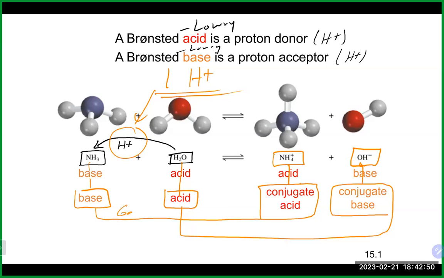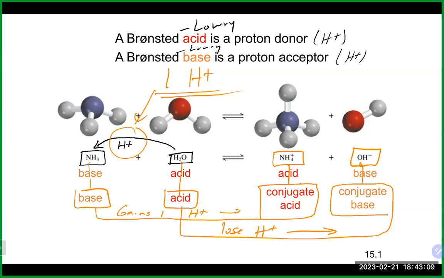It gains one H plus, and the water, which is the acid, will lose an H plus as it heads in that direction. The H plus that one gained and one lost is the same H plus. It's the one that was transferred from the acid to the base.